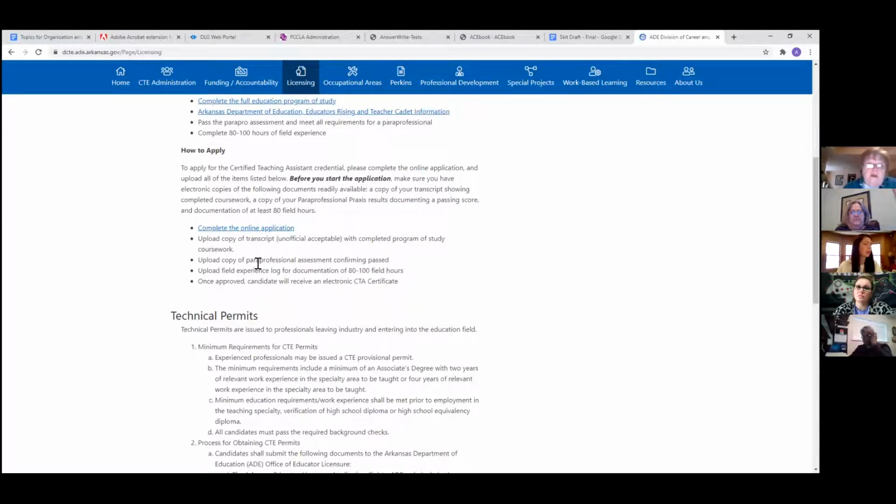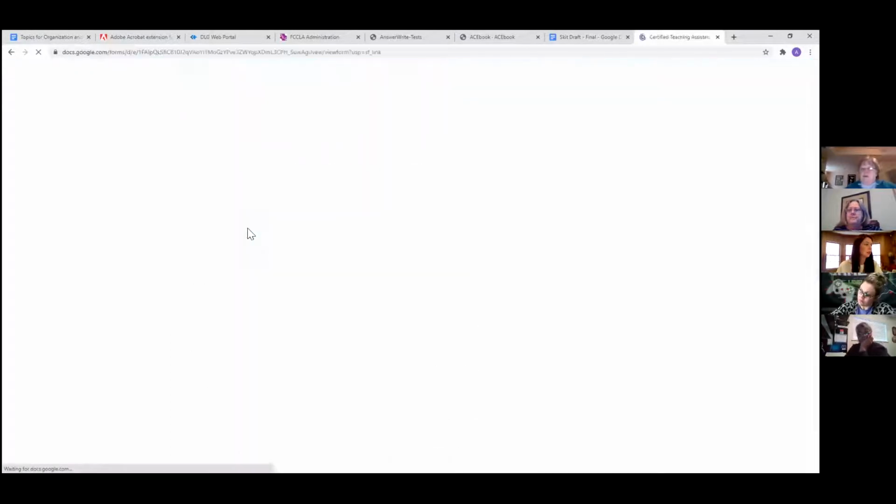They are also going to have to upload a copy of their paraprofessional assessment, and it has to show that they have passed that assessment. And then they are going to have to upload a field experience log for documentation of 80 to 100 field hours.